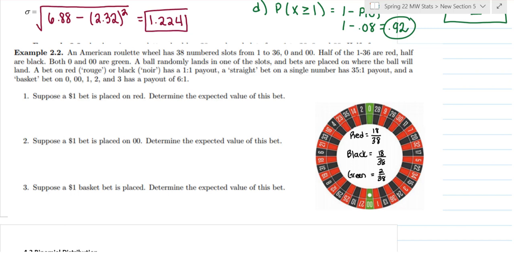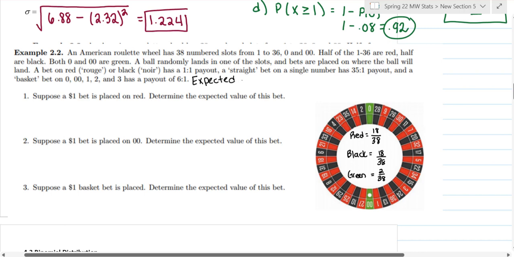Okay. So what we're doing here is expected values. So these are the means for these bets. Okay, so determine the expected value of this bet. So the expected value, remember, that is what's going to happen long term. If I play this roulette game 1,000 times and I take the average of my winnings, what is that going to be? Okay, that's what this is.